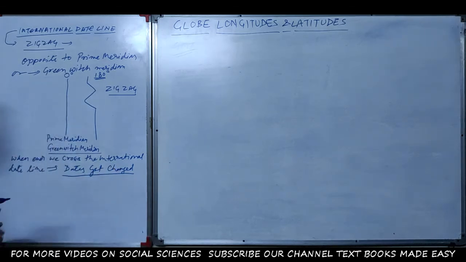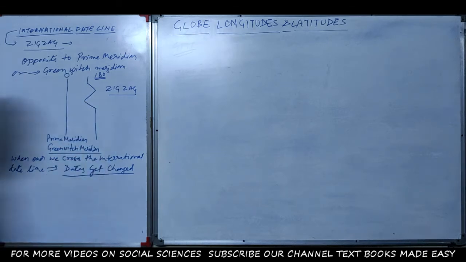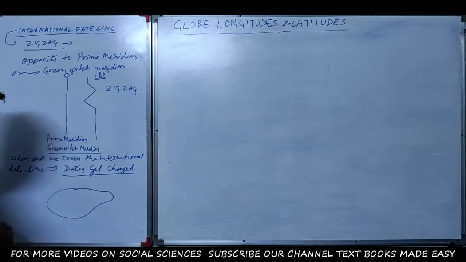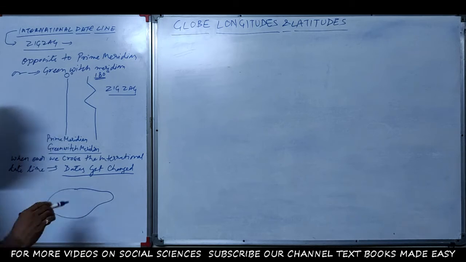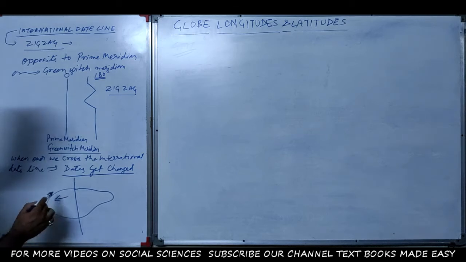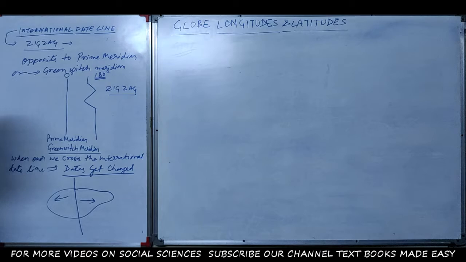That is the reason that this line is zigzag at some places. Suppose this is a country, and we imagine that this international date line is passing through that country. Now what will happen? On this side there will be a different date, and on this side there will be a different date.